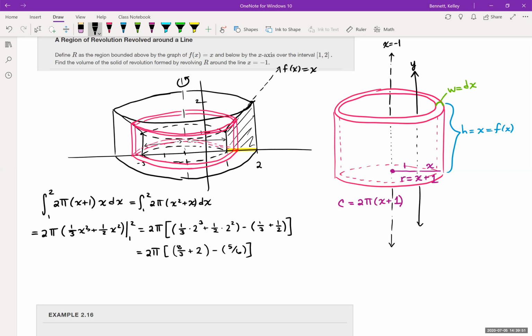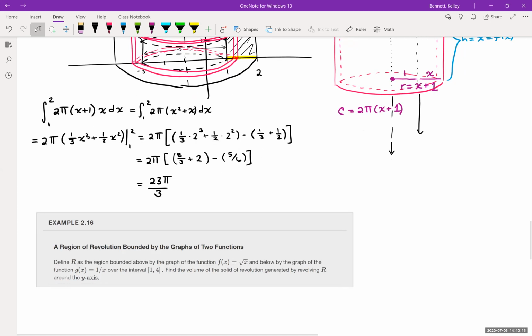So that should give me 23/6, and then I multiply that by 2 pi. So this should give me 23 pi over 3. So that's it. That's rotating it about a line that isn't an axis.